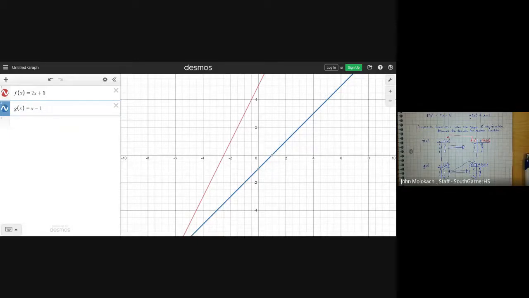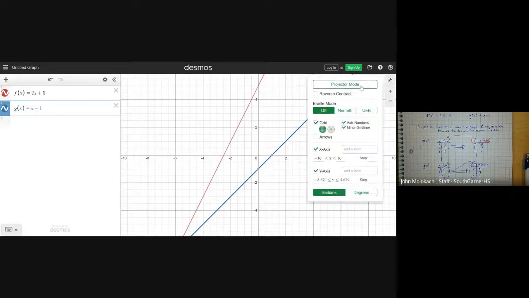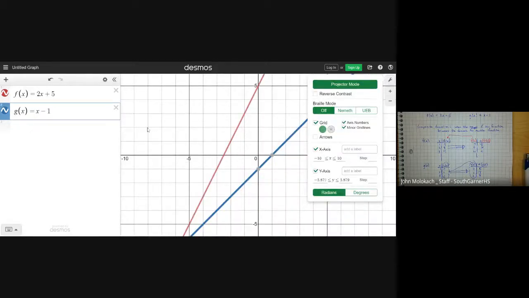All right, you can see that both of these functions in and of themselves are linear functions. The first function is a slope of 2 and a y-intercept of 5. I guess I can make this a little better looking. Okay. And what happens is I can take values from f.